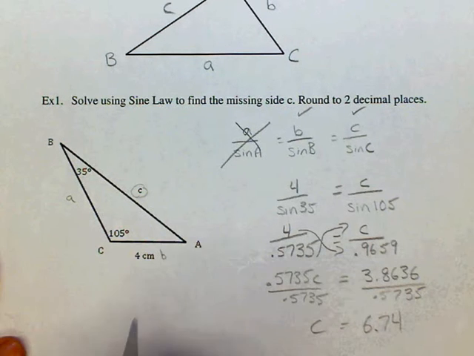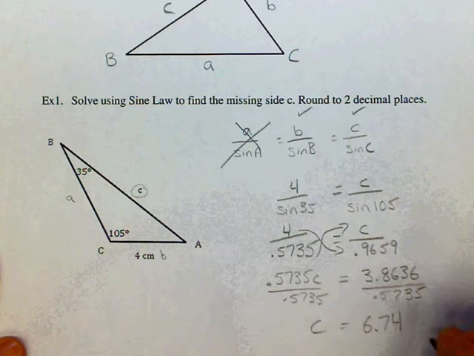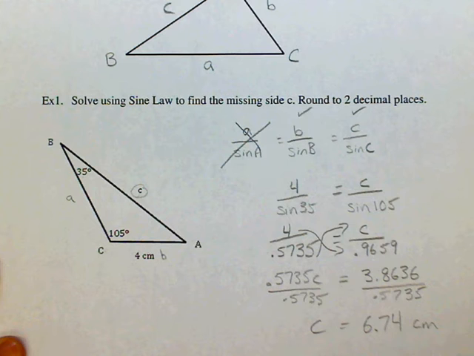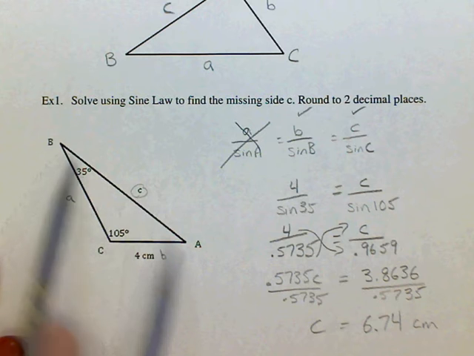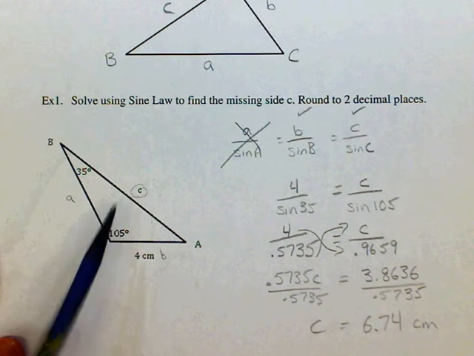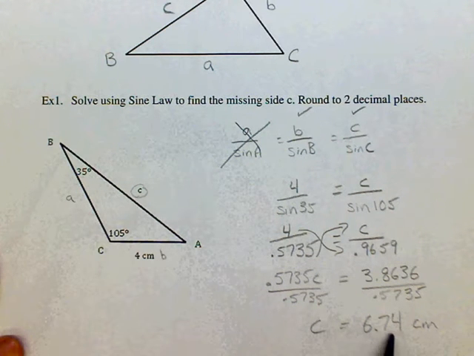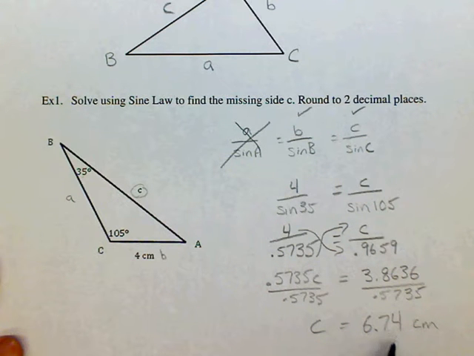My units is centimeters. So I've used the sine law with my c's and my b's to determine this side is 6.74 centimeters. Now let's look at example 2.